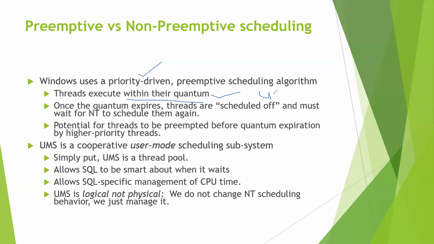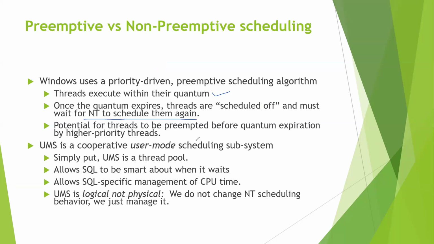4 millisecond is a slice quantum that the query executes on the Windows operating system, and it will be kicked out of CPU whenever it meets the quantum, right? Once the quantum expires, that is 4 milliseconds is expired, threads are scheduled off. That is kicked off from the CPU and must wait in the NT to be scheduled again.